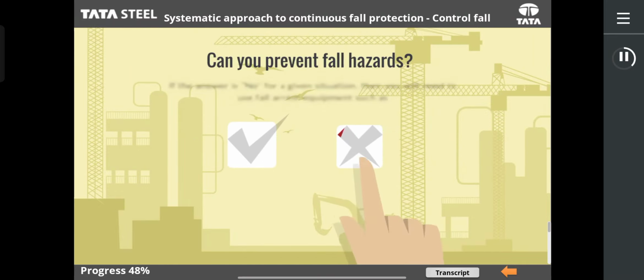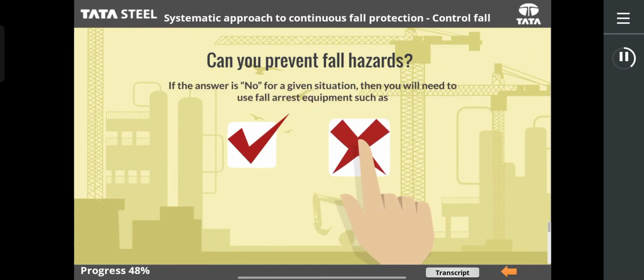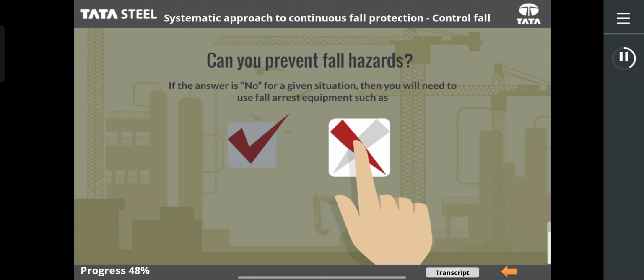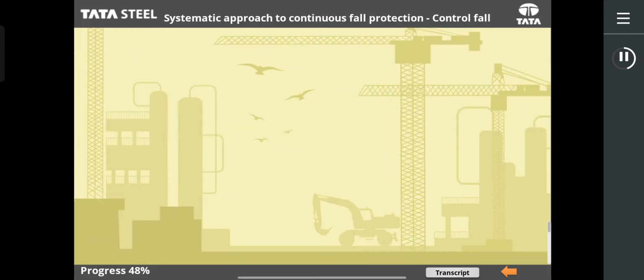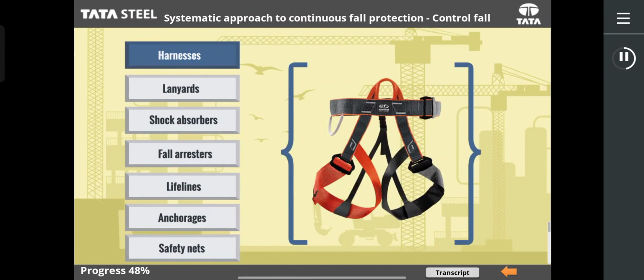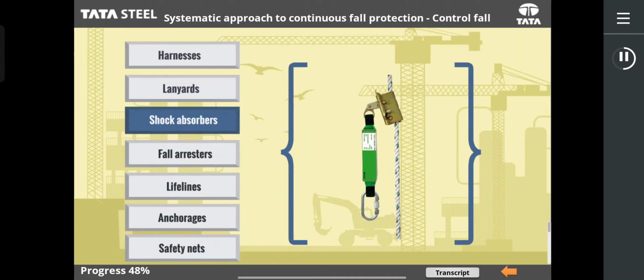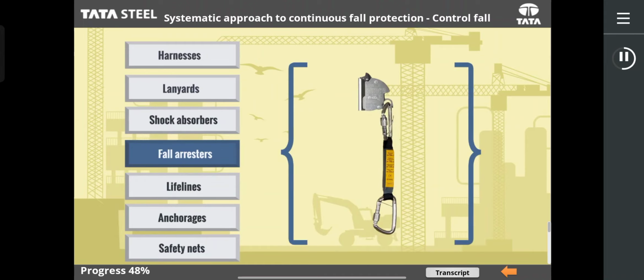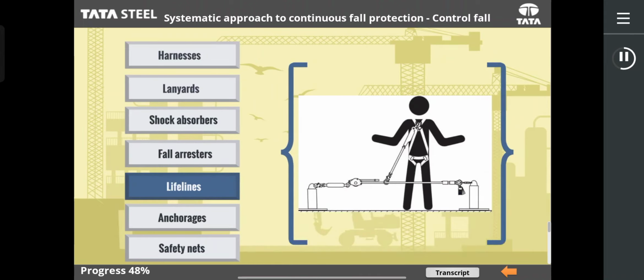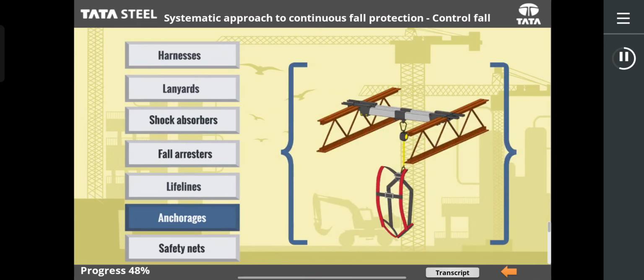If the answer is no for a given situation, then you will need to use fall arrest equipment such as harness, lanyards, shock absorbers, fall arresters, lifelines, anchorages, safety nets.